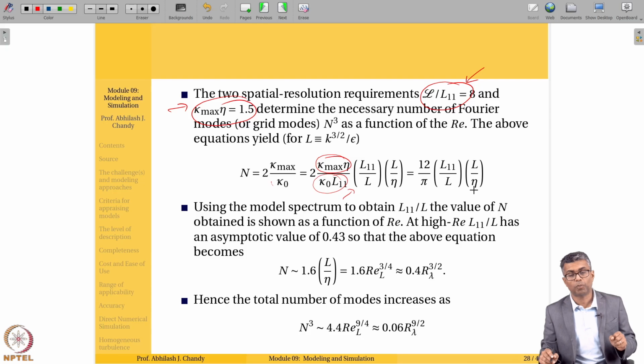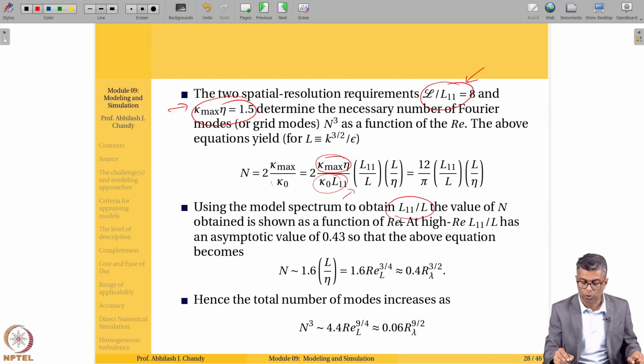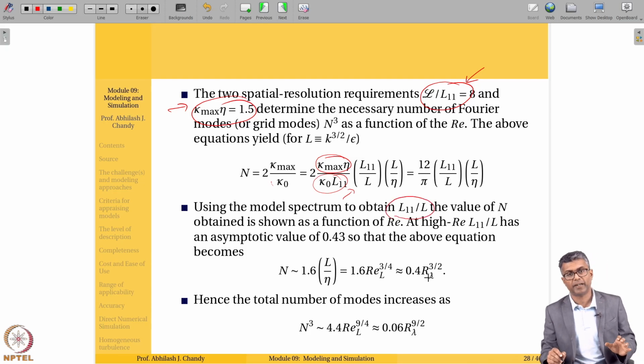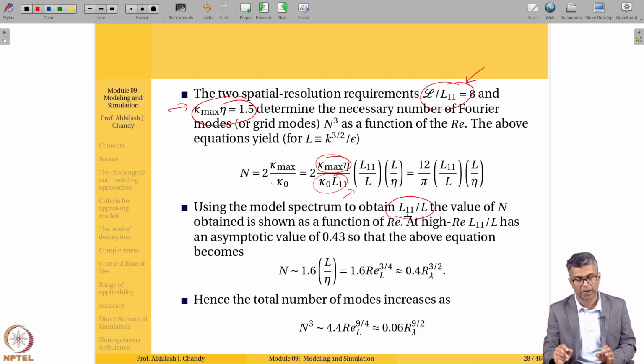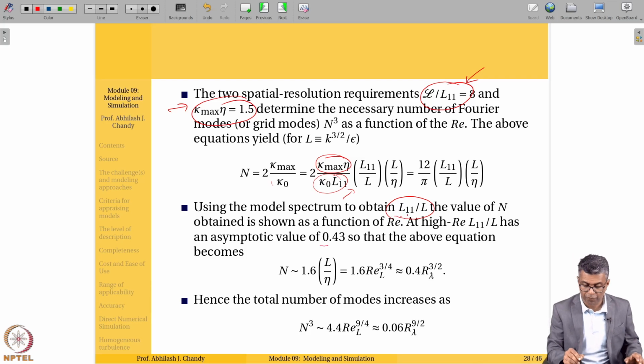So using now the model spectrum to determine L11 over L, the value of n is obtained as a function of Reynolds number. So that is coming from the spectrum, L11 over L. At high Reynolds number, L11 over L has an asymptotic value of 0.43. So in the above equation, n is approximately equal to 1.6 times L over eta, because this one has 0.43, you plug that in there.